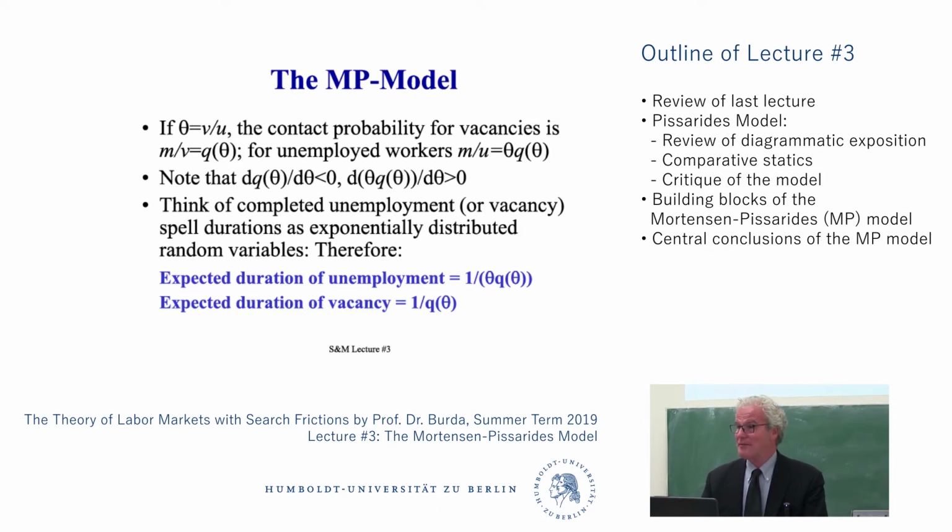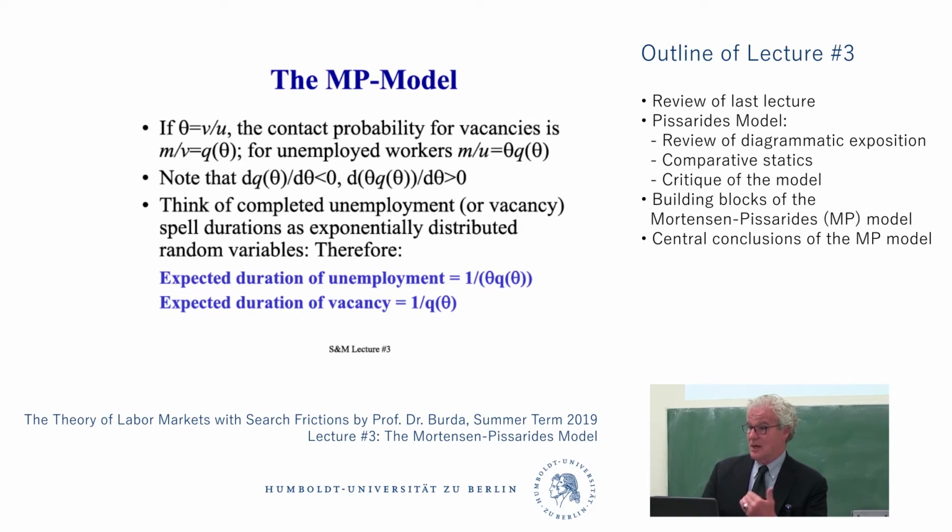So 1 over F is the expected duration. Now look carefully at that expression. It says that, unconditionally, without knowing anything else, the expected duration, conditional on spending n periods unemployed, is the same.